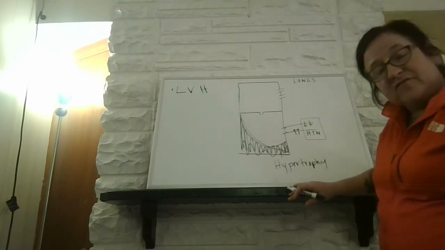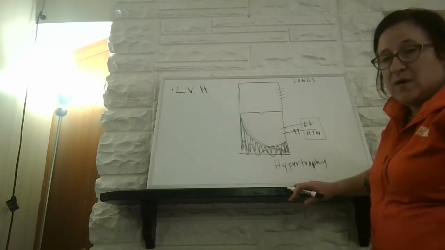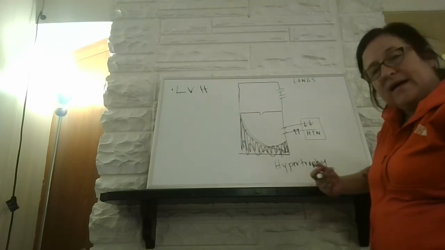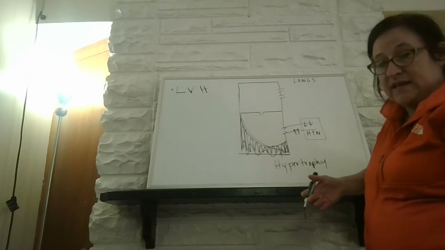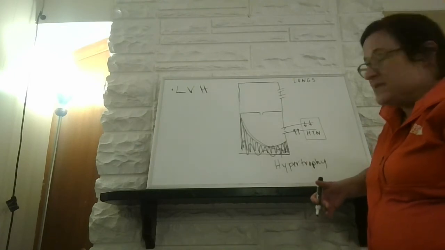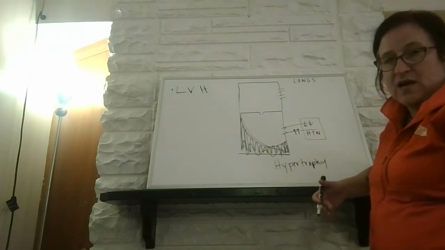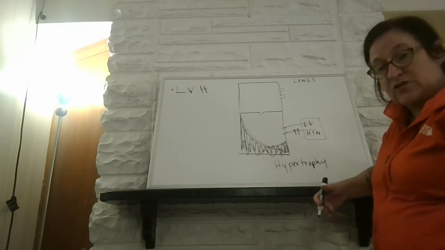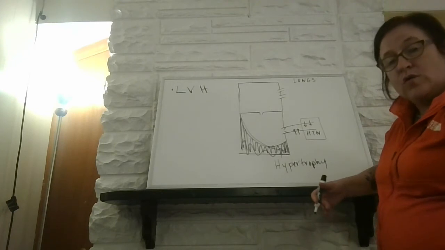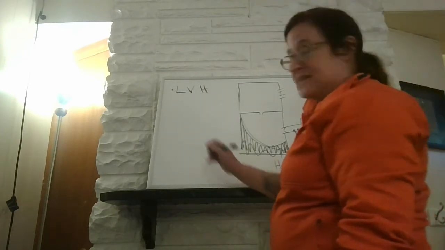Over time, the left ventricle becomes so big that at rest we might not notice any symptoms, but when we increase activity, we might start to notice symptoms. And what this means, what we're going to start to develop, is what's called heart failure with preserved ejection fraction, or diastolic failure. That's the next section.